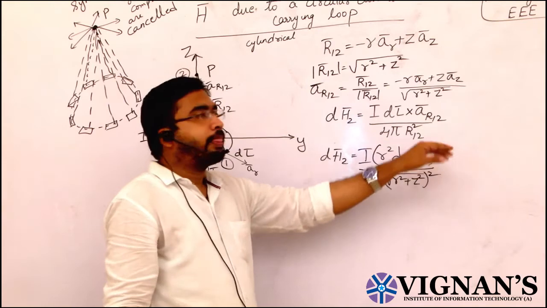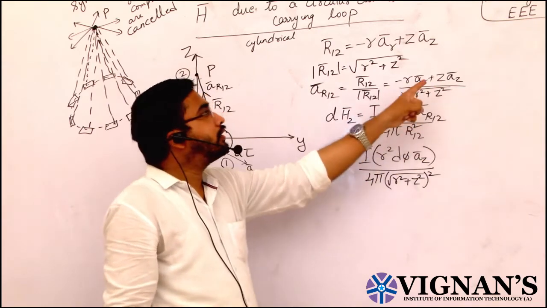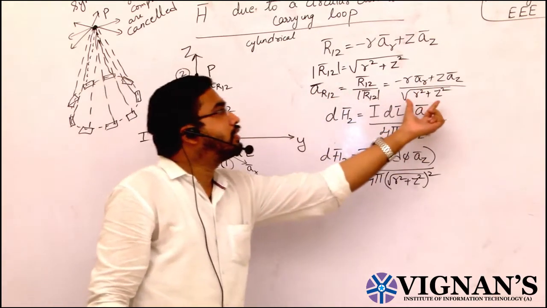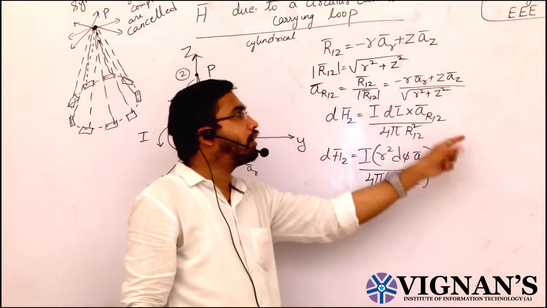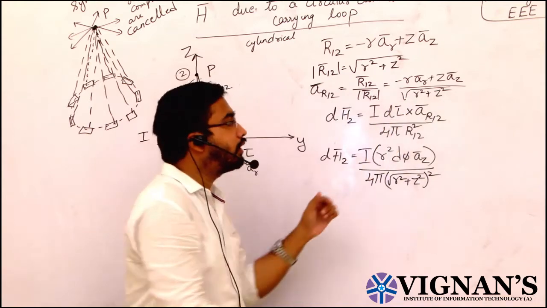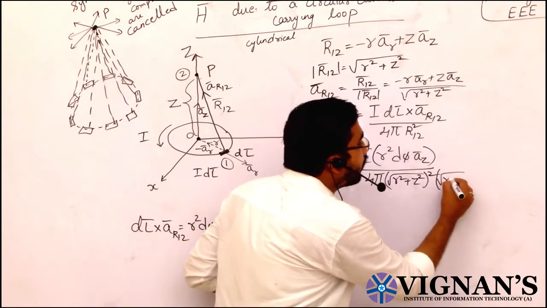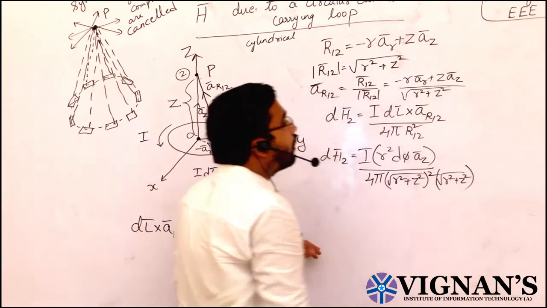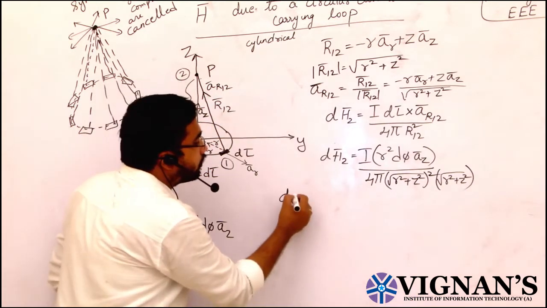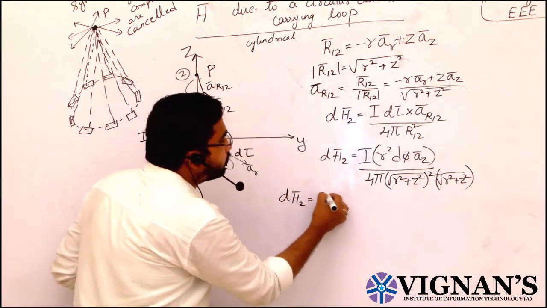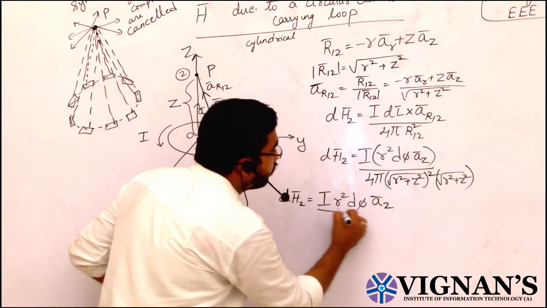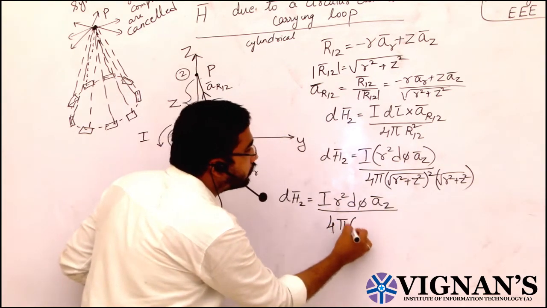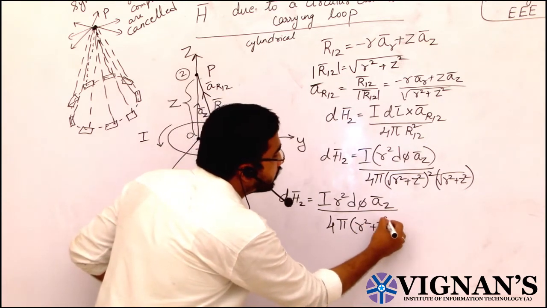And also in our previous step I told that in your unit vector this denominator is neglected in that previous step, and now you should substitute it again because this is left out denominator. Again I am substituting root r square plus z square. Now on simplifying this, your dH2 is equal to I r square d phi aZ divided by 4 pi into r square plus z square.